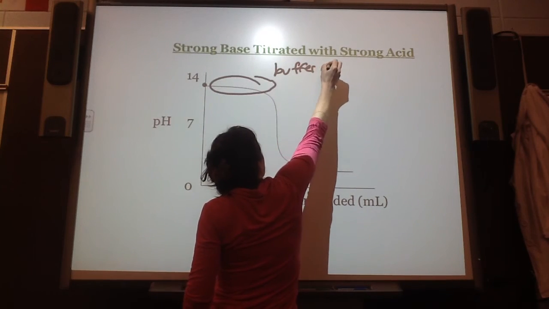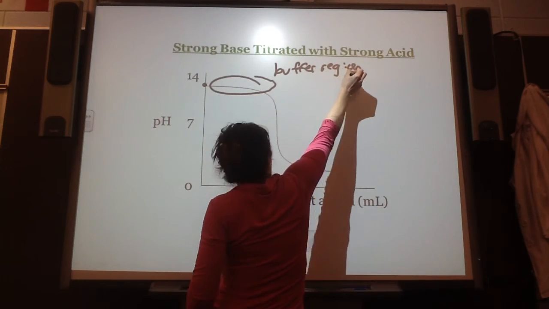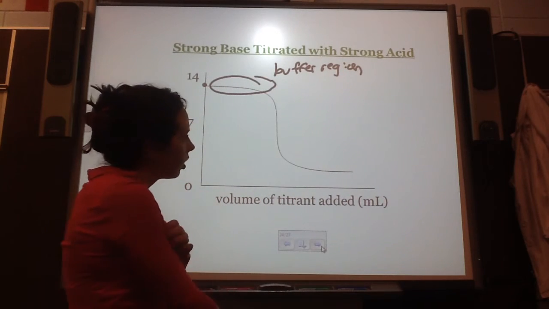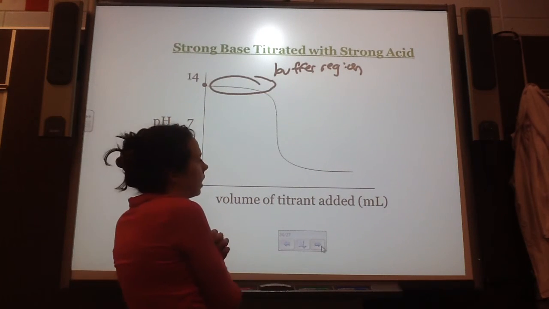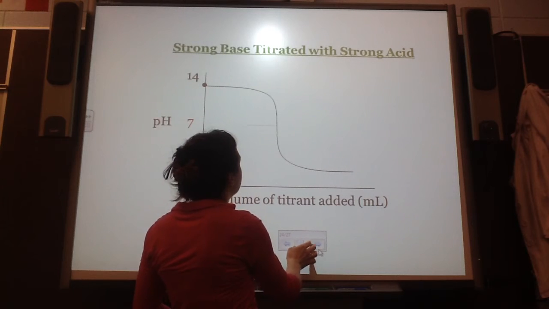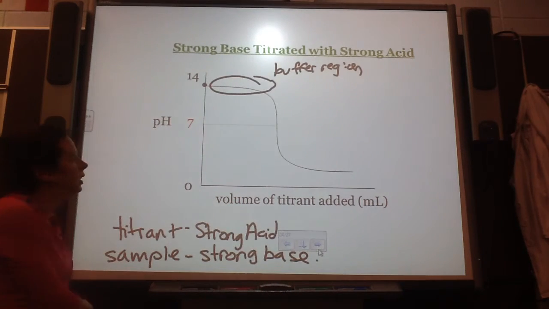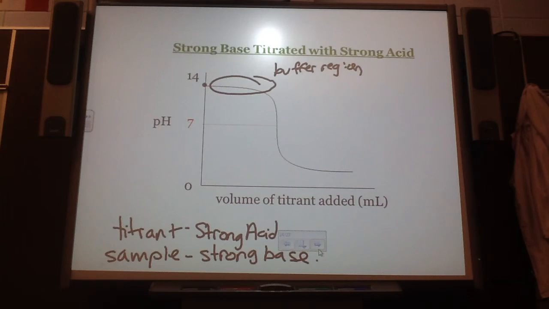Then you look at that almost vertical line and pick halfway between it, and we have our equivalence point there. Now again, it's a pH of 7 because we're dealing with a strong base and a strong acid. So our endpoint is a pH of 7.